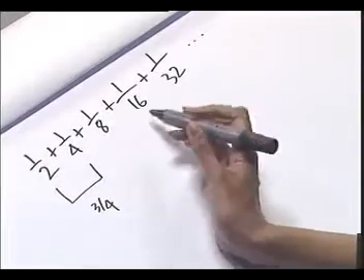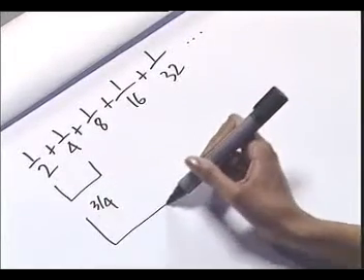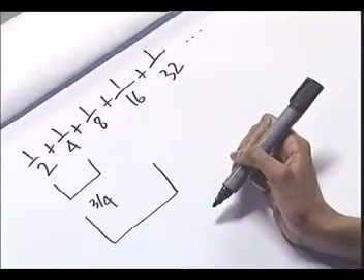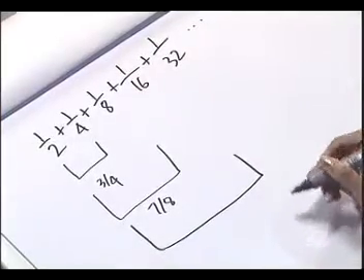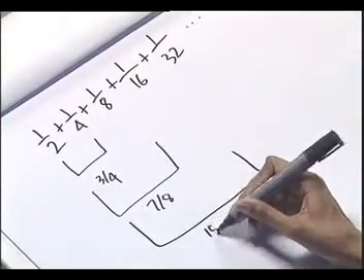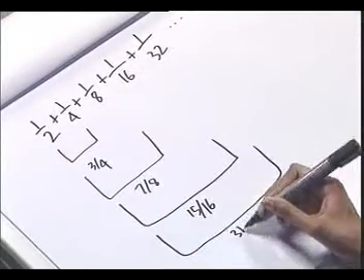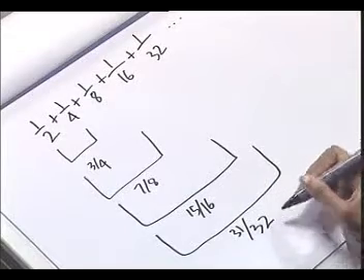If I add up the first three terms, I get 7/8. If I add up the first four terms, I get 15 over 16. And if I add up the first five terms, I get 31 over 32.